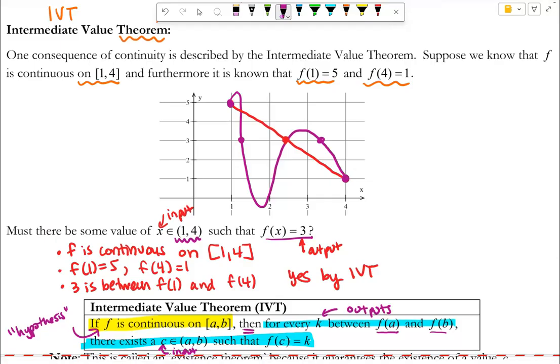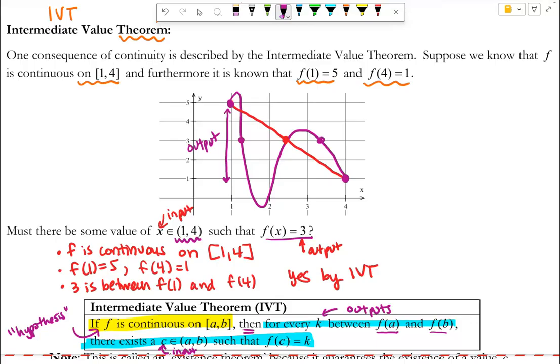So for every number between 1 and 5, every output, every y value, every function value between 1 and 4, there has to be some value of x where the function takes on that value.